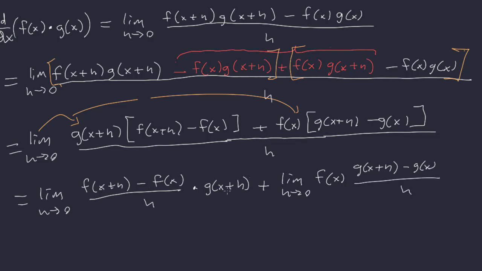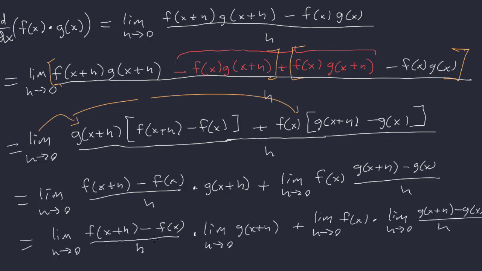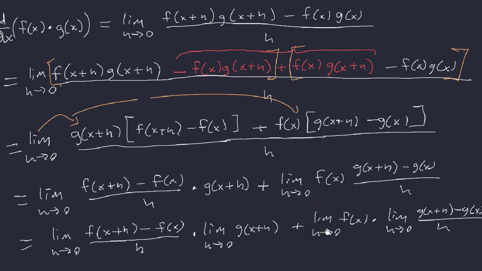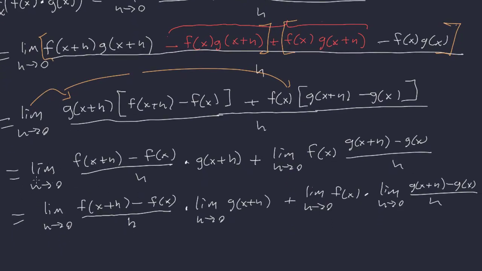Now, this piece, as h goes to 0, is going to f prime, and this piece, as h goes to 0, is going to g prime. In fact, we can split up the limit even further to do this. I spared you the torture of watching me write all this out, but basically you can distribute limits across products this way, and now each individual piece, well, this is basically f prime.